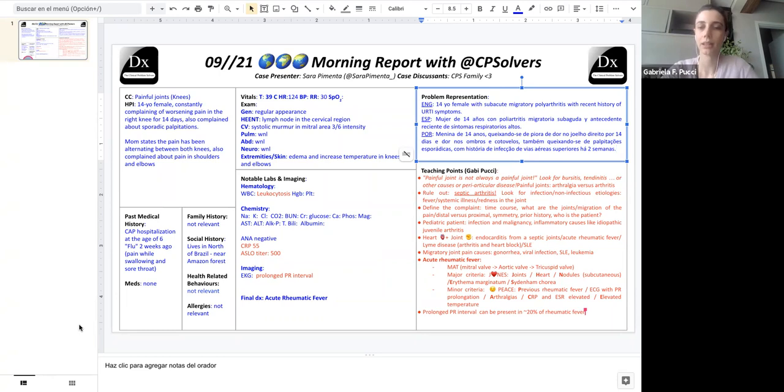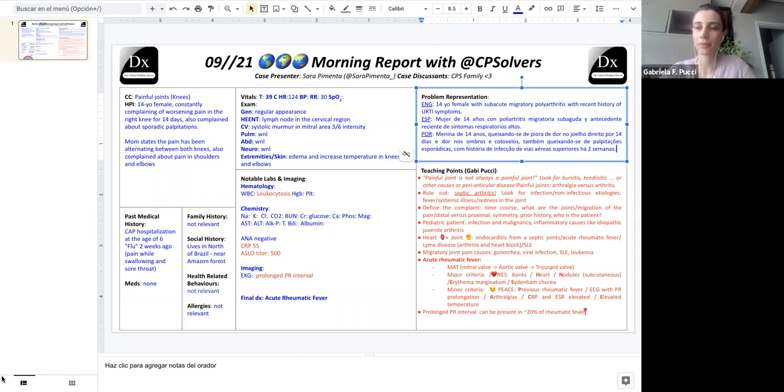Also, we had a lot of other causes for migratory joint pain, which are gonorrhea, viral infections, also SLE and leukemia.